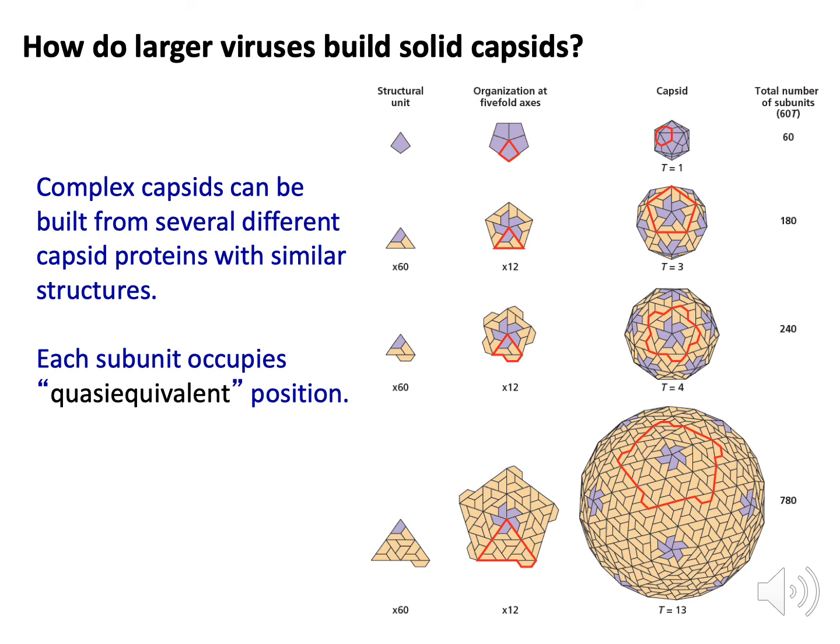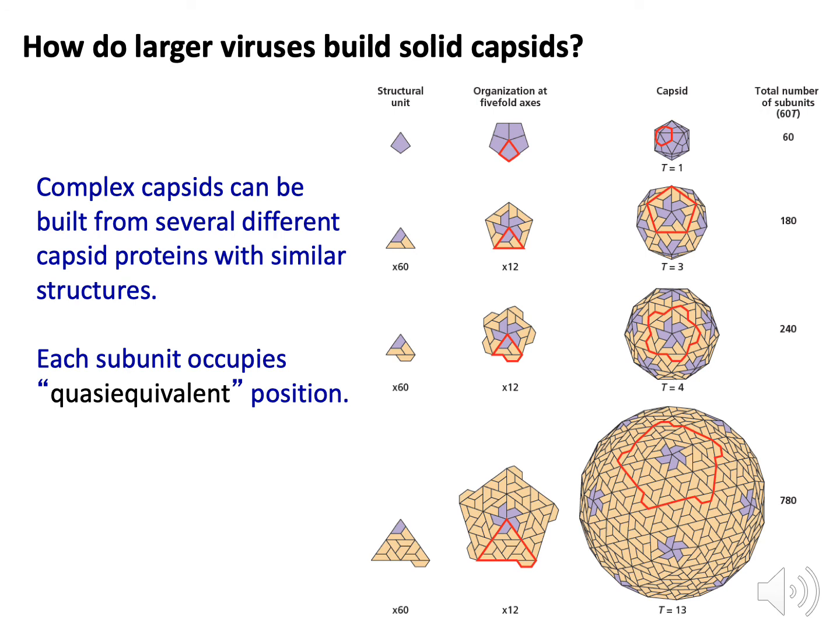So each of the proteins in the triangle can be the same, or they can look similar. They can have similar folds. Here, if you look in the second row down, that's a T = 3.